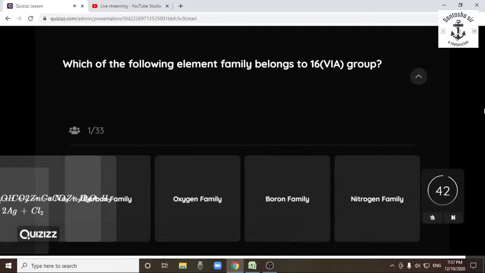Which of the following element family belongs to the 6A group? 10 seconds.